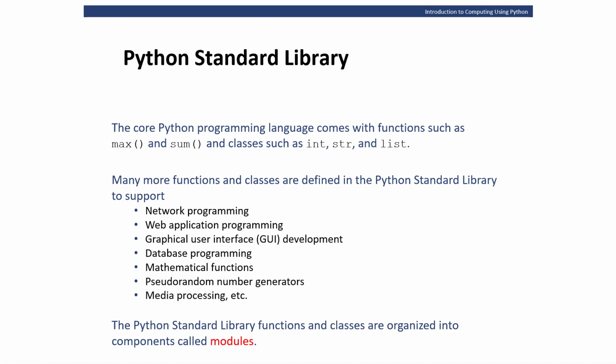Related functions and data types are grouped in the same modules. So the functions defined in a module must be explicitly loaded into the program that we are writing before we can use them. There are millions of functions provided by the standard Python library, but for the sake of simplicity, we will just take a look at how to use the math module.